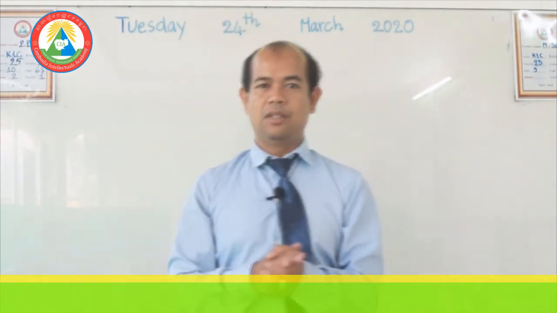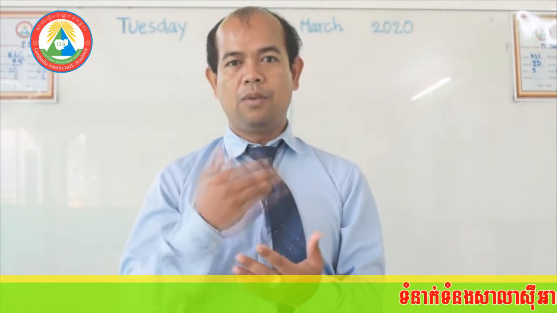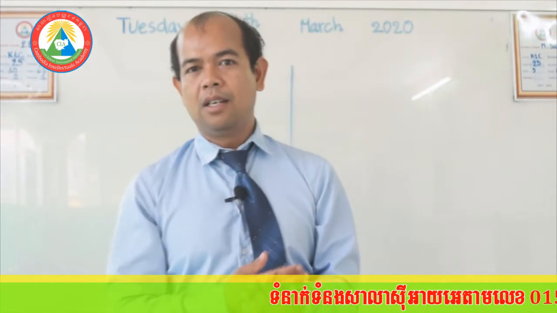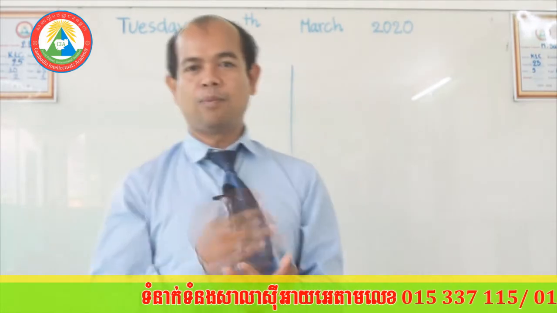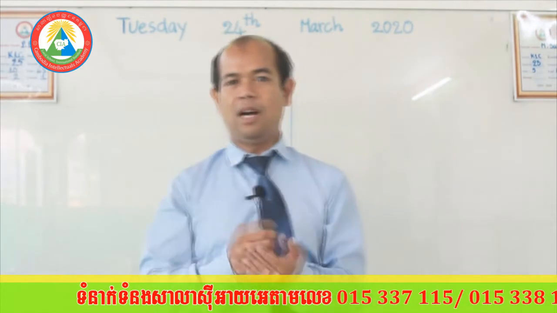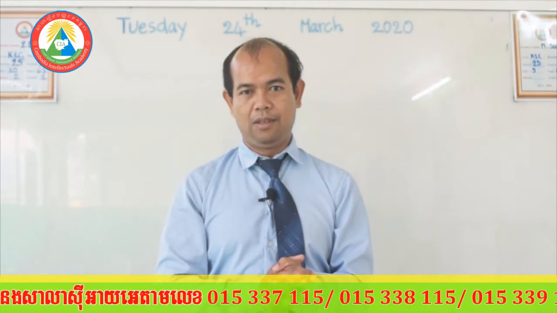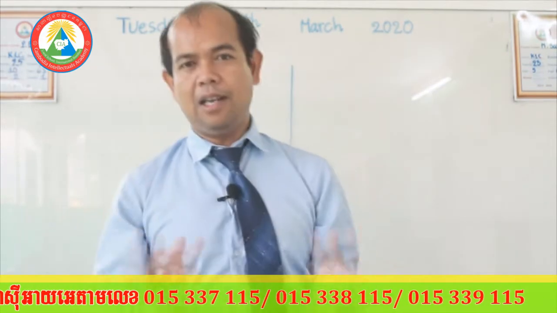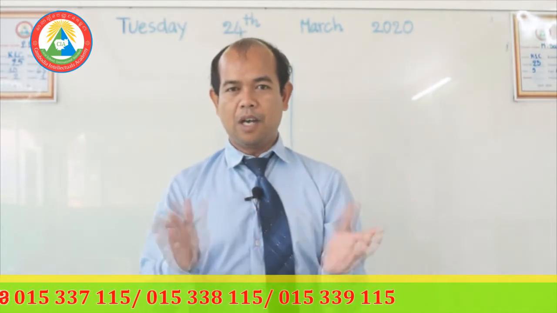And the third point, I will show the real pictures and the paper to represent the quantity of 2. And the last point, I will teach you how to write number 2 in word. So everybody, are you ready? If all of you are ready, here we go.